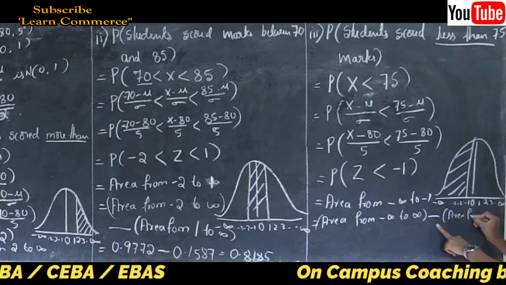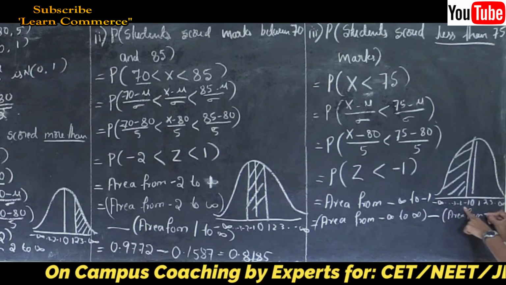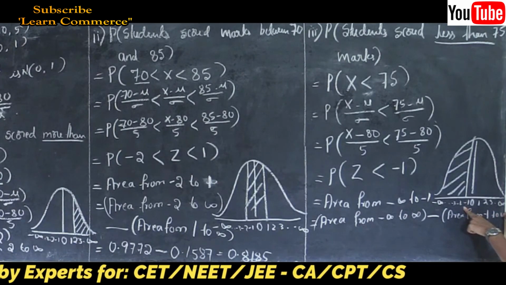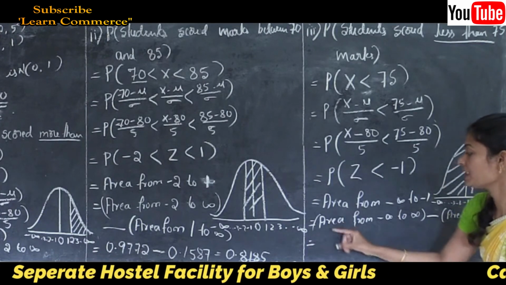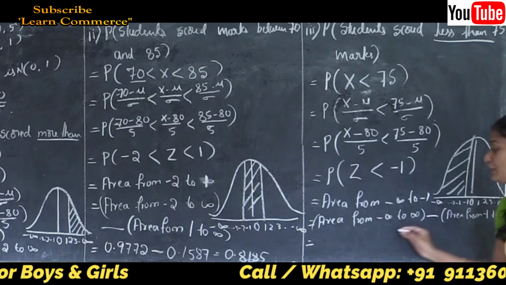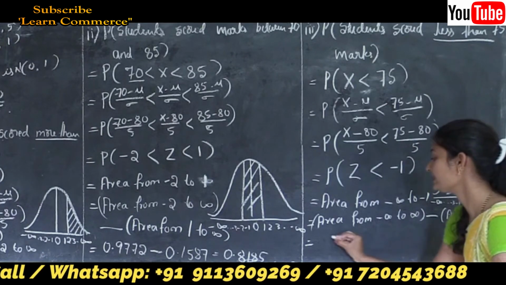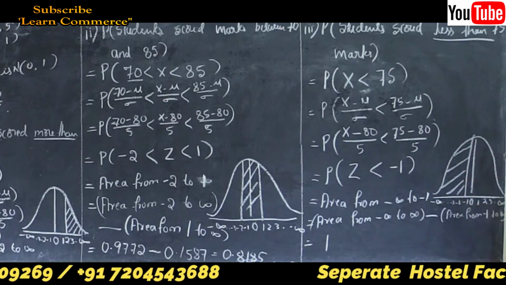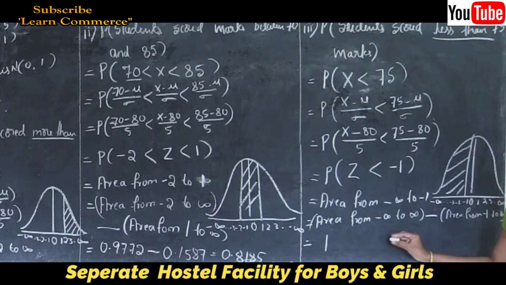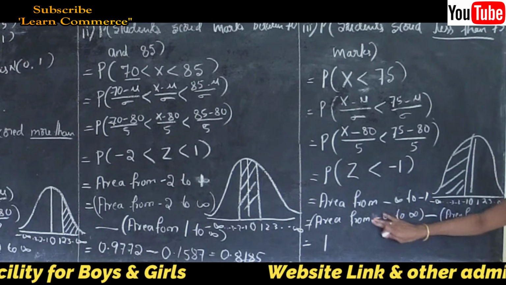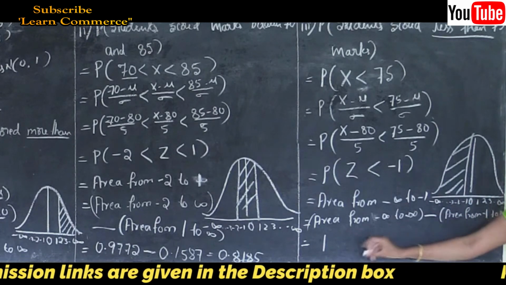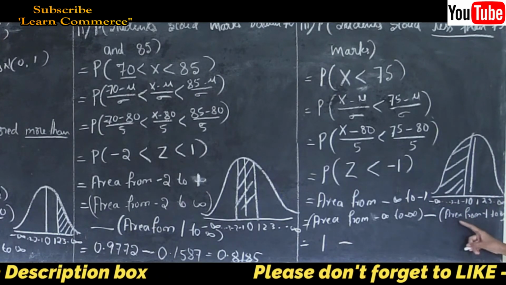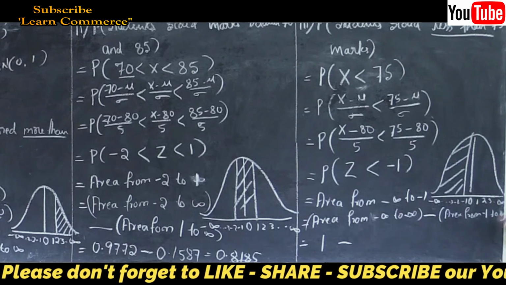We know that area from minus infinity to infinity is 1. This is minus, now we need to calculate area from minus 1 to infinity.